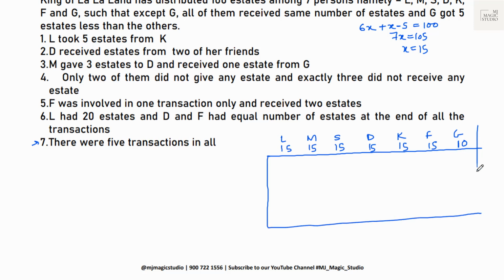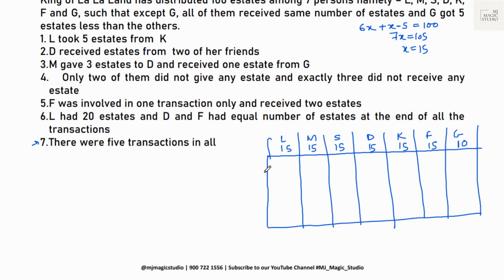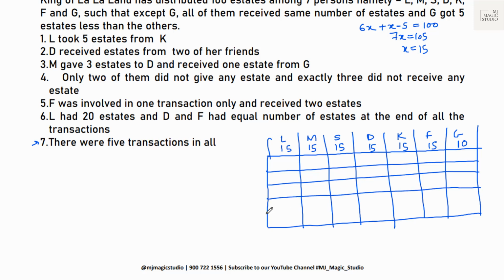So I will prepare a grid for 5 transactions only, and let's see what is happening after 5 transactions: 1, 2, 3, 4, 5, and in the end we will see how many are left with each one of them.